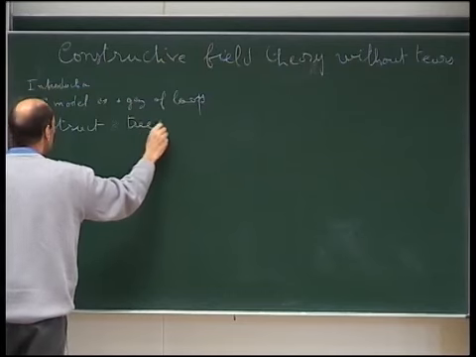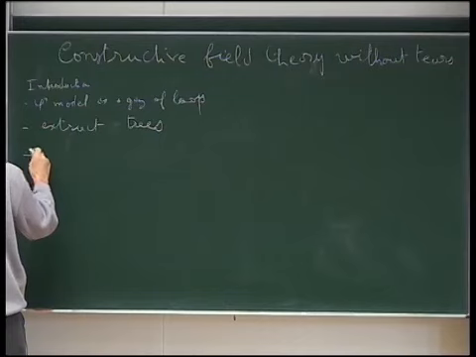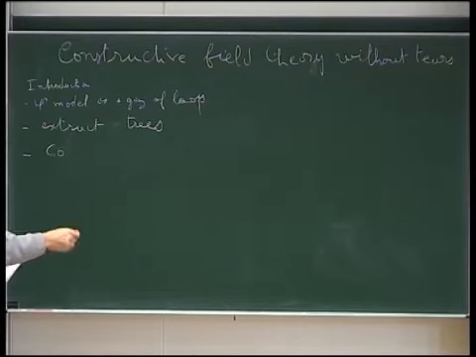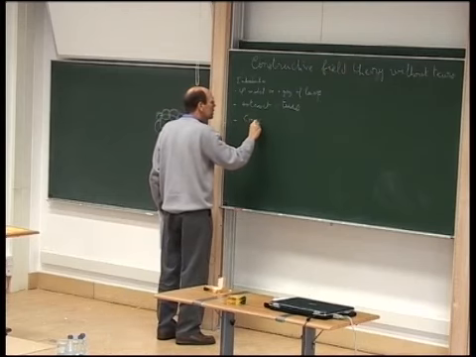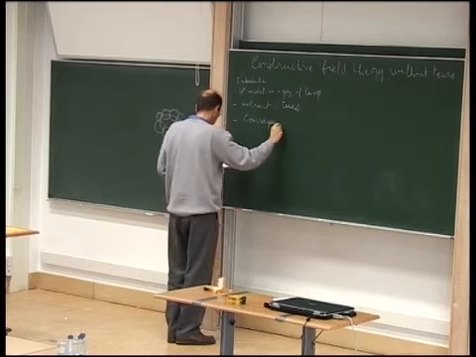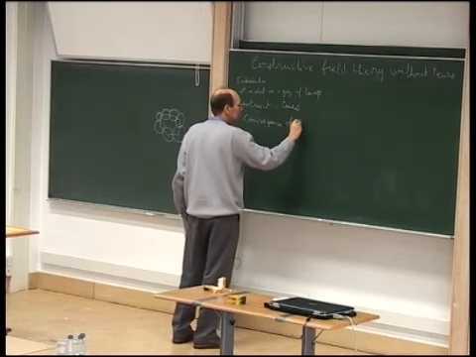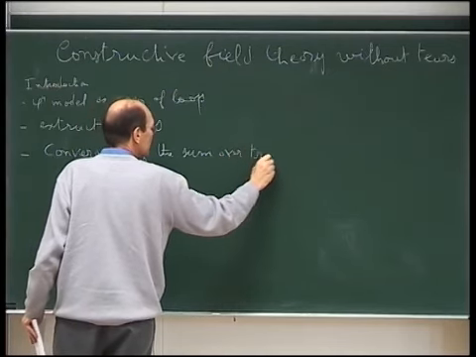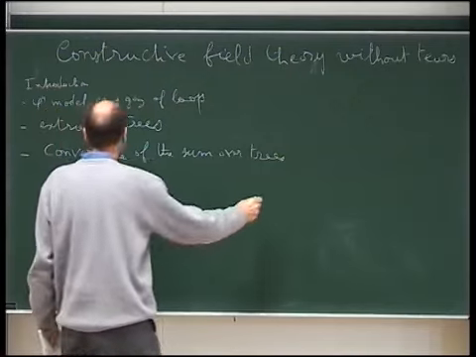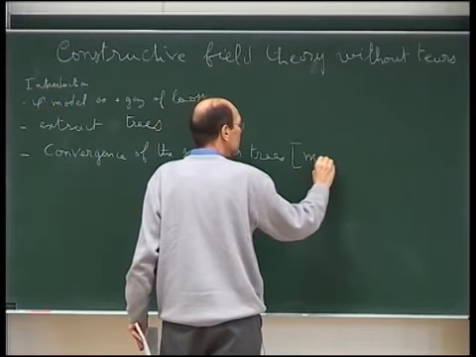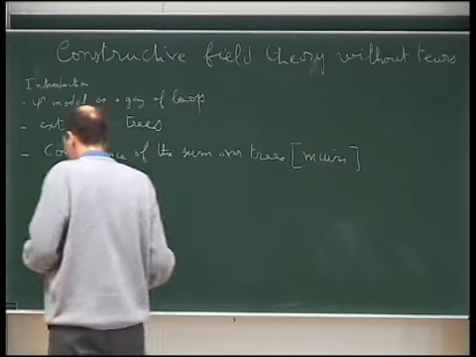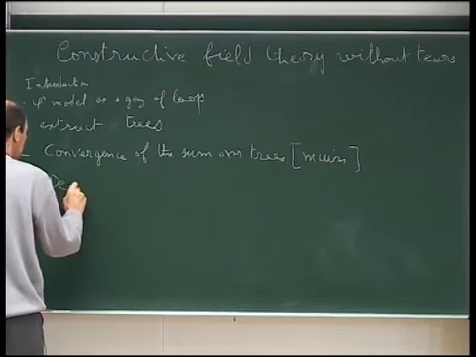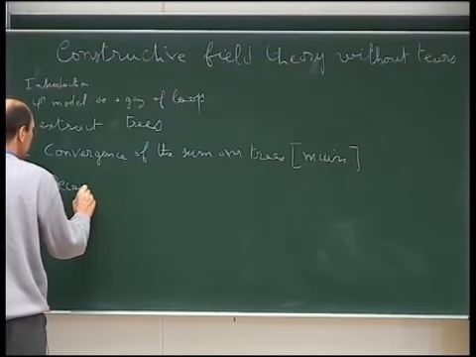Then I have to show that this expansion in terms of trees converges, so convergence of the sum of trees. And this is in fact the main argument. And finally, if I have time, I will also cover, let's say, the decay of the two-point function.